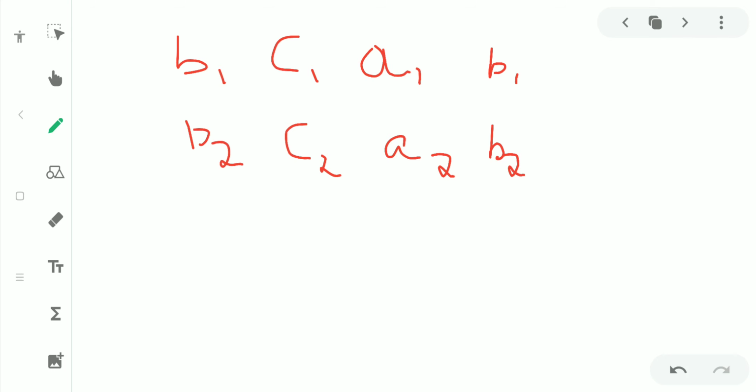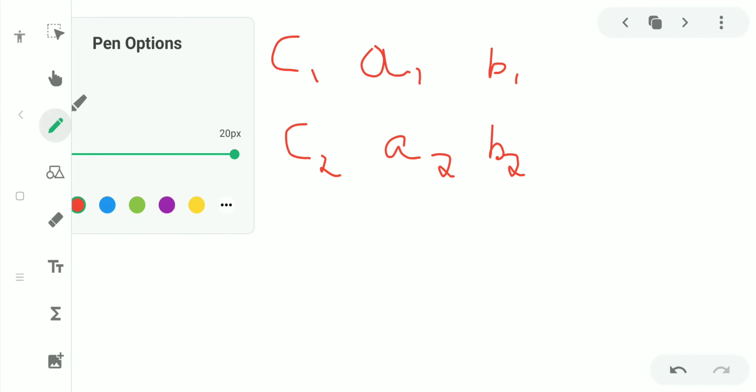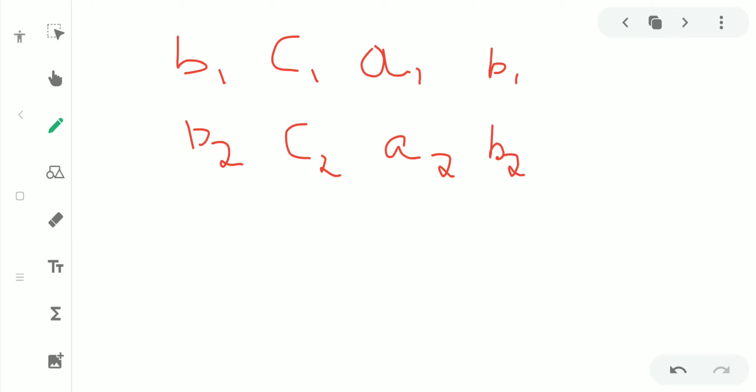Now let us write in the format. B1 is nothing but minus y is there, so here our coefficient will be 1. So 1 into anything is the respective, 1 into y will be y, so minus 1.